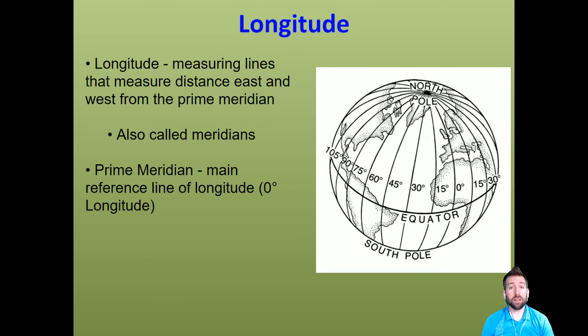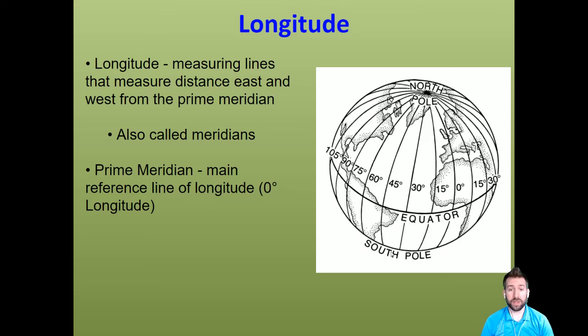Naturally, that would be longitude. These are the lines that measure the distance east and west from the 0 line, which is the prime meridian. So you could think of it like the equator of the longitude, the prime meridian. Each of these different lines is called a meridian. It almost looks like orange peels, where it gets kind of fat towards the middle, but then they all touch at the North and South Pole.